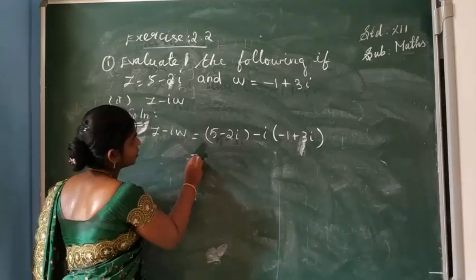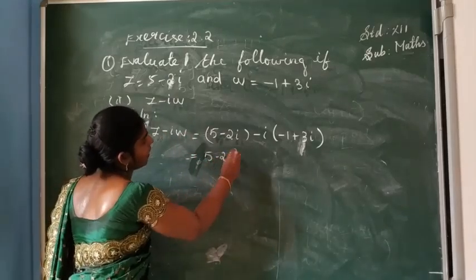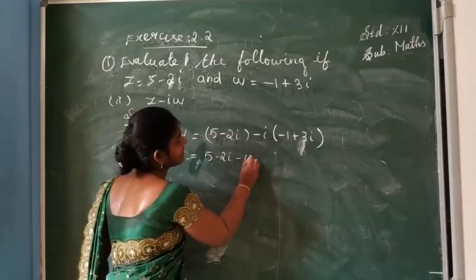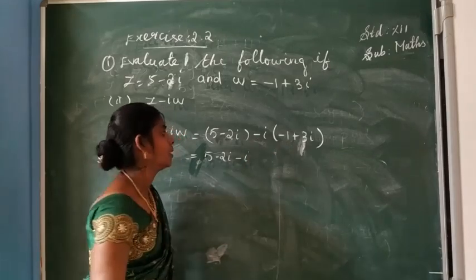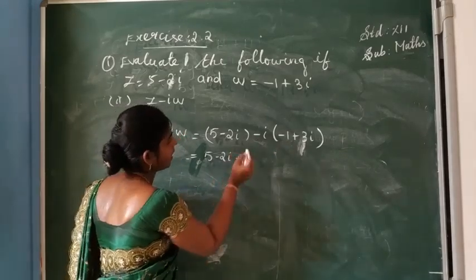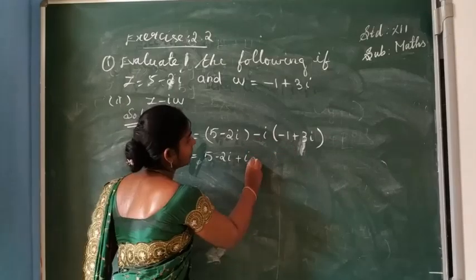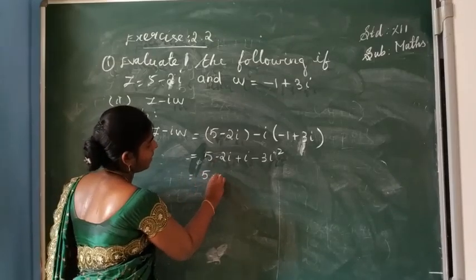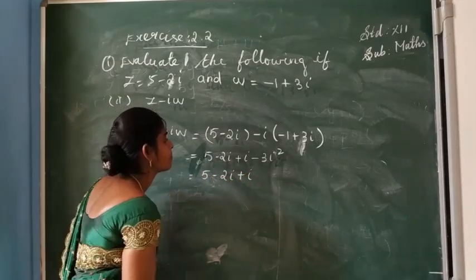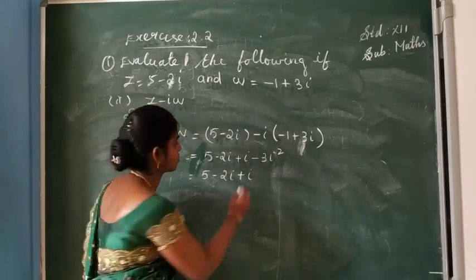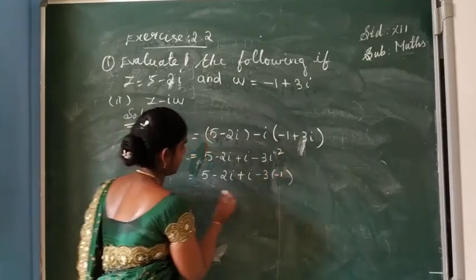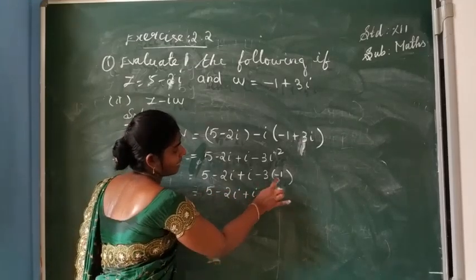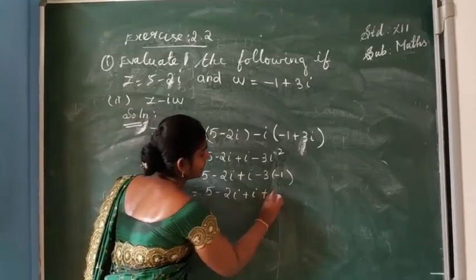Okay, that's equal to 5 minus 2i, multiply this minus i inside this term, so minus i into plus 1, the value is plus i, minus into plus minus 3i square equal to 5 minus 2i plus i square, the value is minus 1, so minus 3 into minus 1 equal to 5 minus 2i plus i minus the minus plus 4.